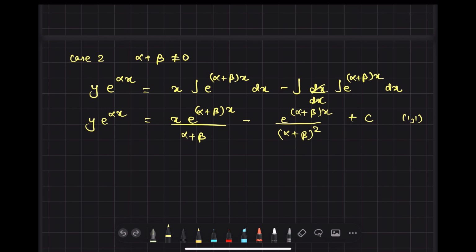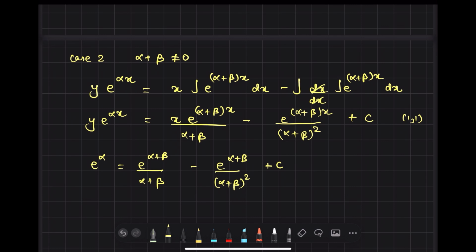So we will have e power alpha is equal to e power alpha plus beta upon alpha plus beta, minus e power alpha plus beta upon alpha plus beta whole square, plus c.